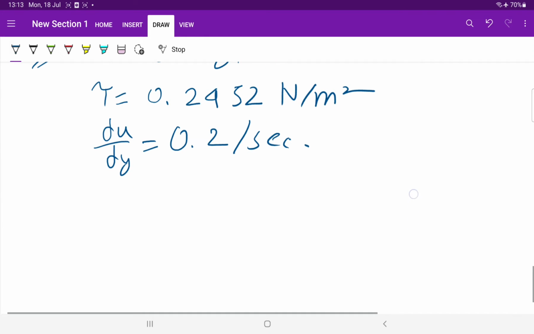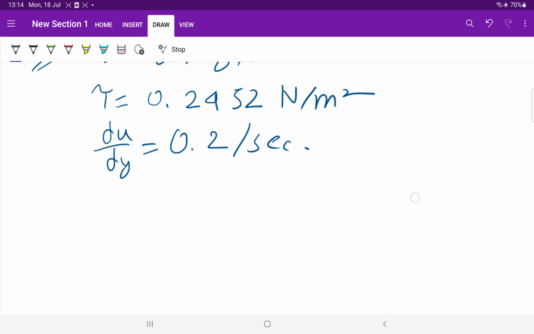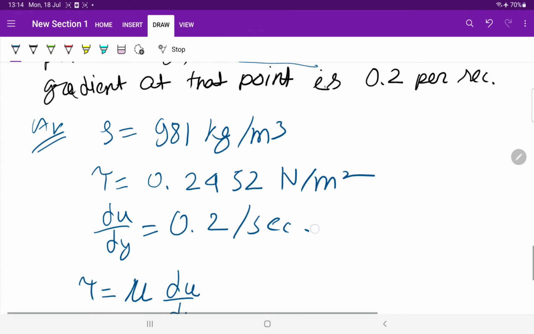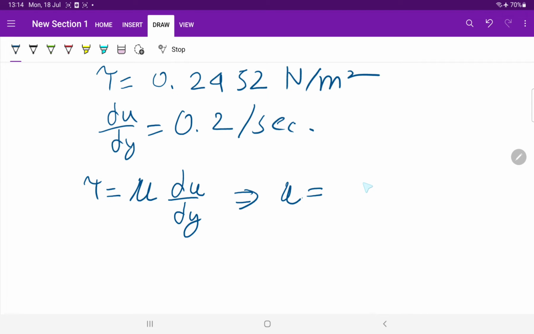So now we want to find mu. Using Newton's law of viscosity of fluid, tau equals mu into du by dy. So we can easily find mu: mu equals tau into 1 by du by dy.